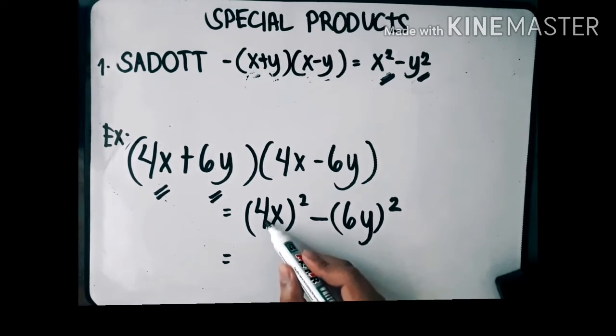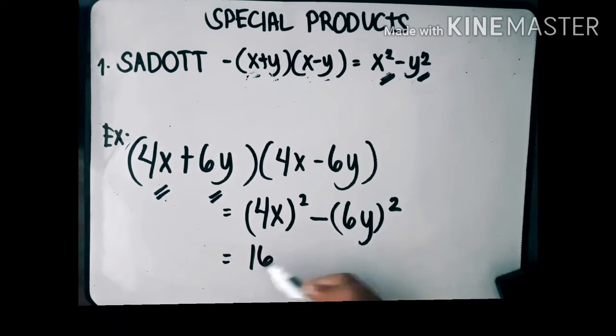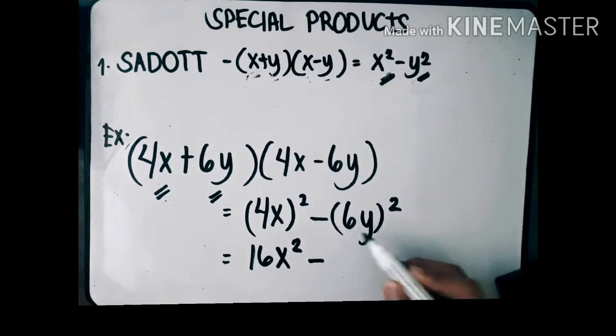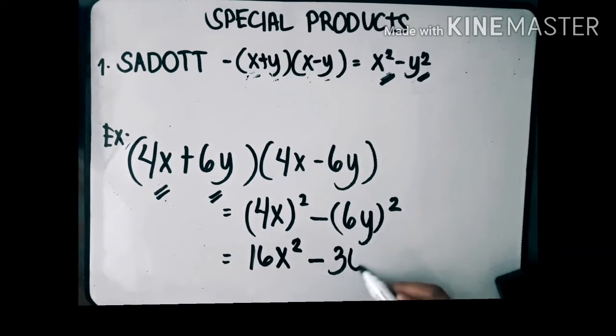The square of 4 is 16, and the square of x is x squared, minus square of 6 is 36, and square of y is y squared. The answer is 16x squared minus 36y squared. Okay?